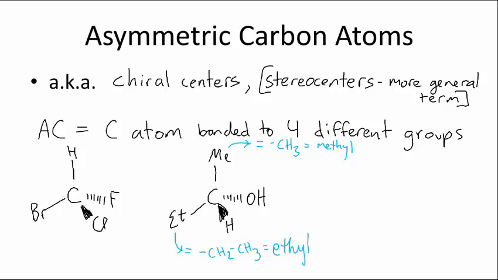So asymmetric carbons are what give rise to chirality in organic molecules. So most of what we're going to do is going to be focused on identifying asymmetric carbons and then being able to classify them in some way. Because if we want to keep track of which mirror image we have, we need a system for that. Just like we needed a system to say whether a double bond had E or Z configuration, and we needed a system to name molecules, this is another case where we need a system.